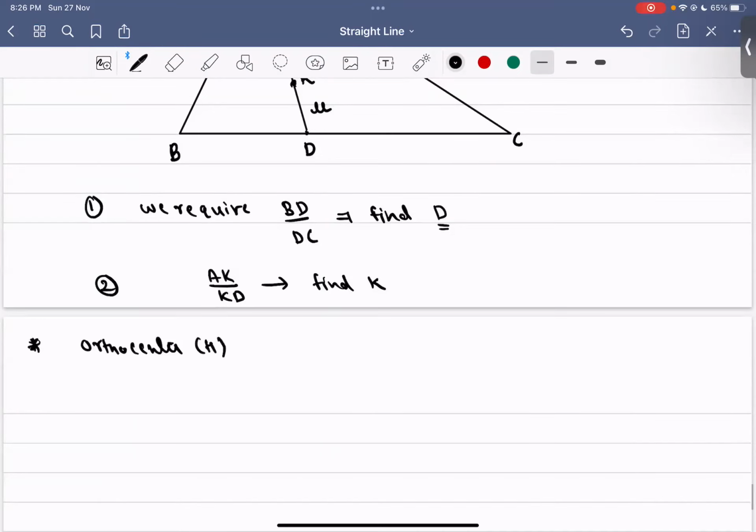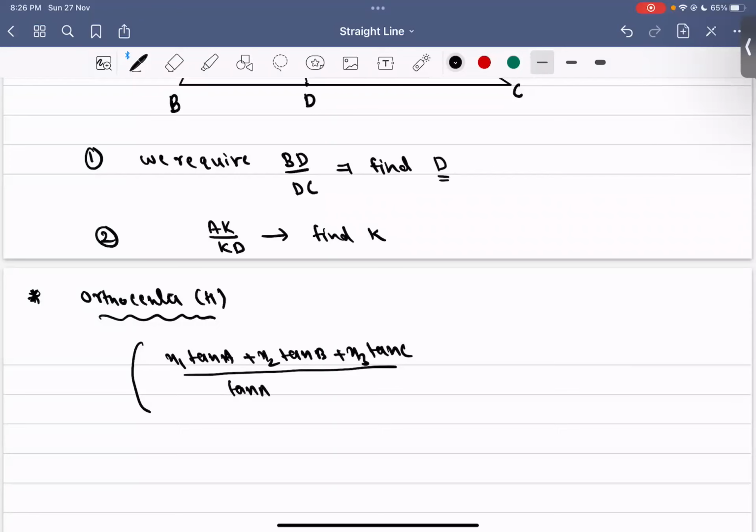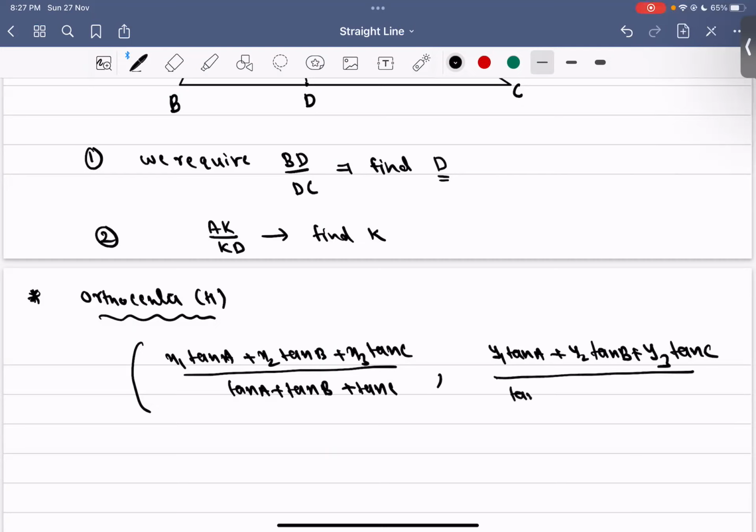Orthocenter proofs you will learn in properties of triangle. So the orthocenter formula is (x1 tan A + x2 tan B + x3 tan C) over (tan A + tan B + tan C), comma, (y1 tan A + y2 tan B + y3 tan C) by (tan A + tan B + tan C).